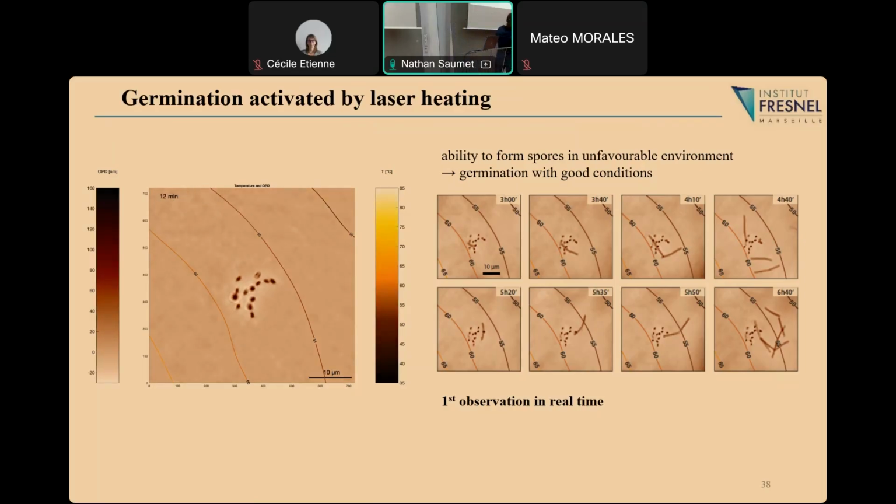So here we have the spores of the Geobacillus stearothermophilus. It's a zoom on them. Here they are in between the two temperature gradients, at around 55 degrees, and we will observe them growing again. The spore is like small balls.